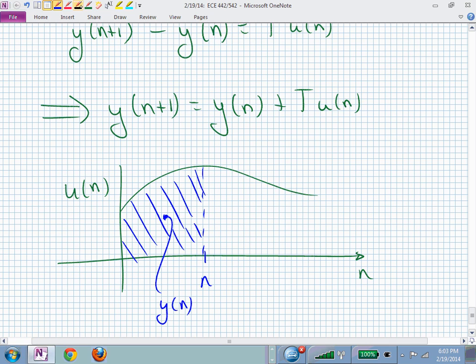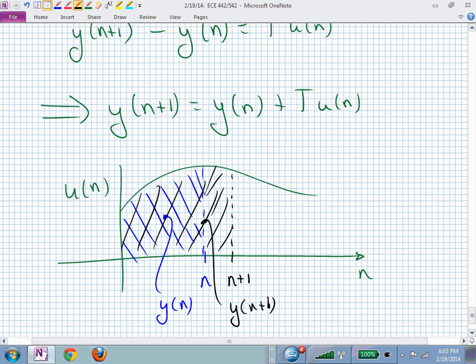So if I now go to the next time index, n plus 1, then this black and blue area is y of n plus 1, isn't it? So this whole piece here with the black and blue is now y of n plus 1, but we can actually obtain y of n plus 1 by looking at y of n, the blue, plus t, that's what this length is.